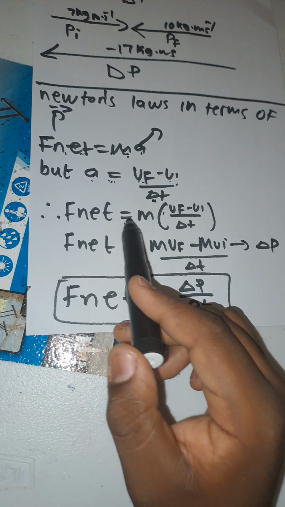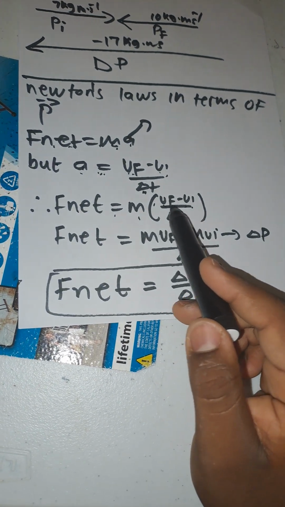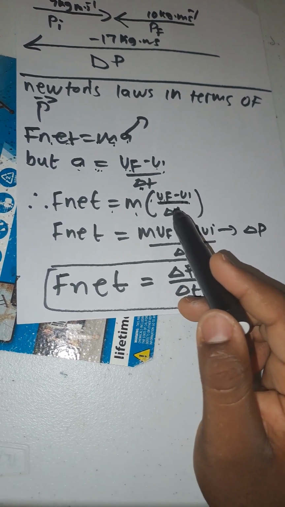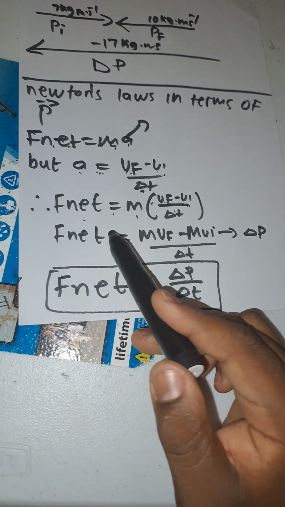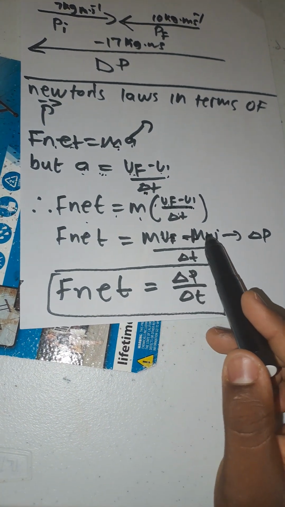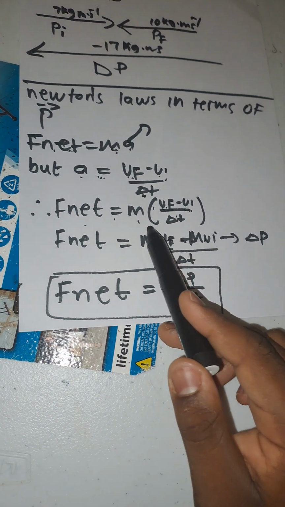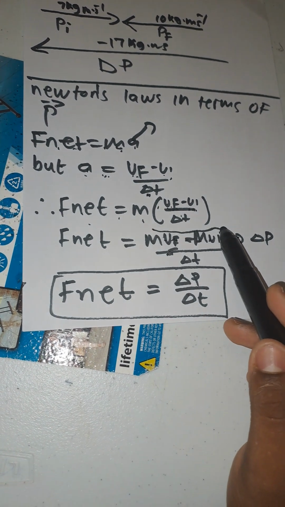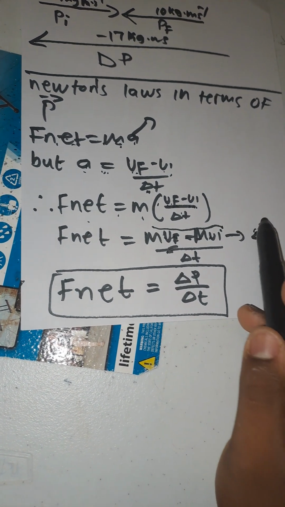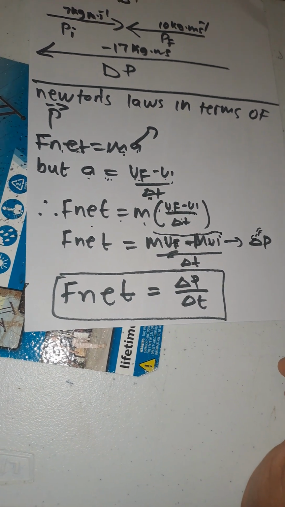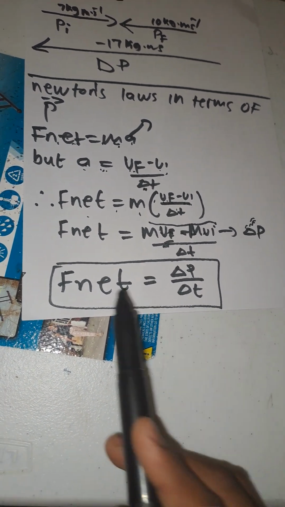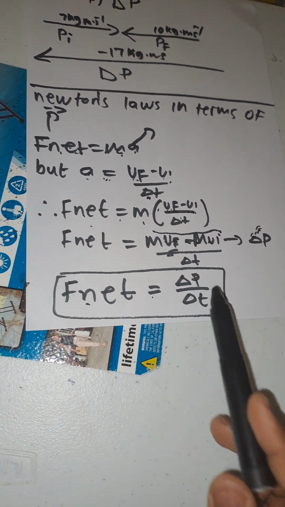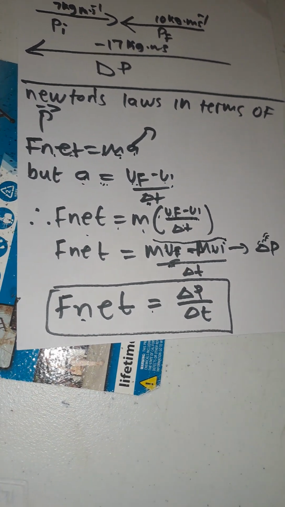So F net is equal to m times Vf minus Vi over delta t, and then F net is equal to mVf minus mVi over delta t. Since you now have mVf minus mVi, that represents delta p, which is the change in momentum. Then our F net is now delta p over delta t.